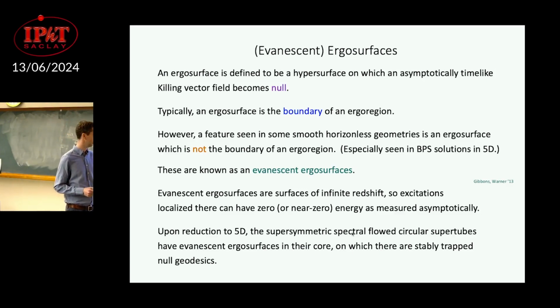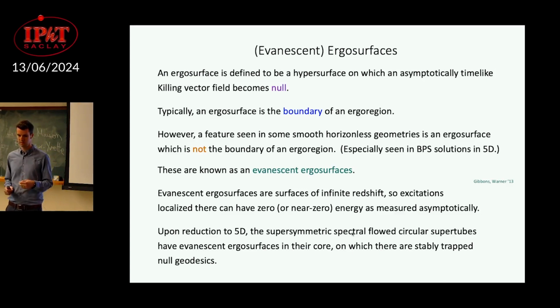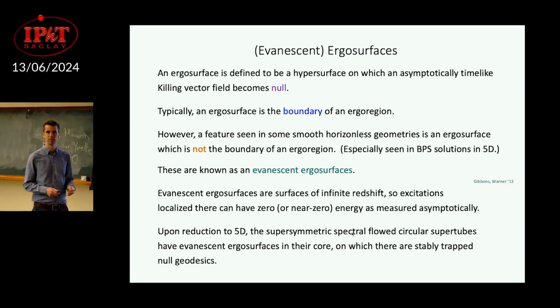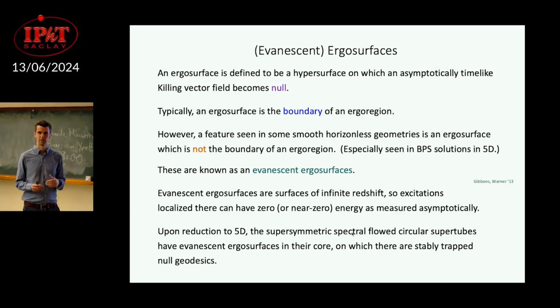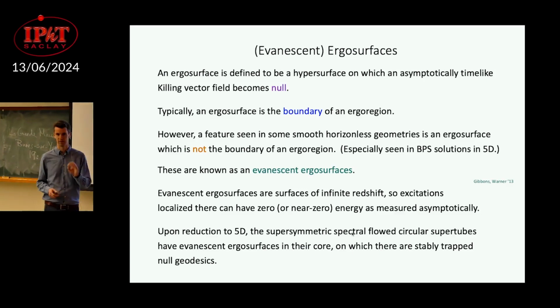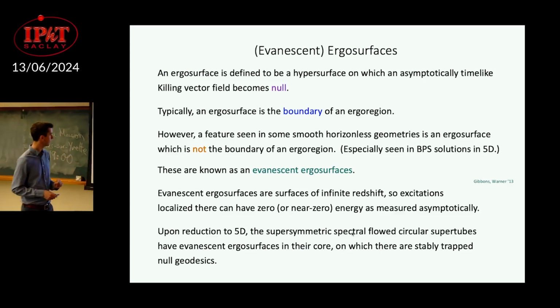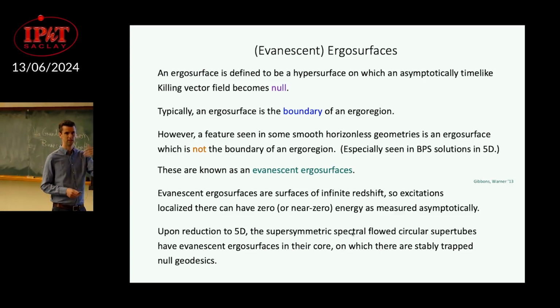If they accumulate near the surface, they find it very hard to escape. There's some energy barrier for them to do so, and in the linear analysis they have tiny imaginary quasi-normal frequencies, but one can think of them as needing to tunnel out of an energy barrier to escape from the core of the solution.